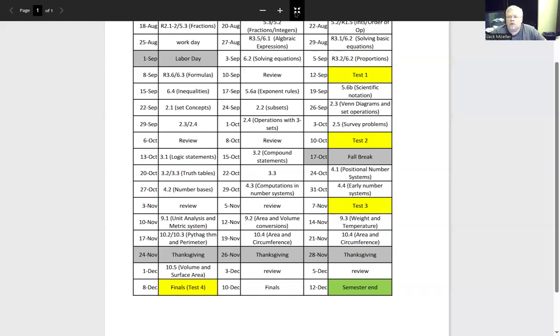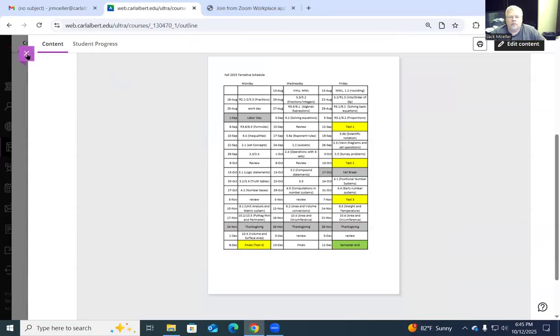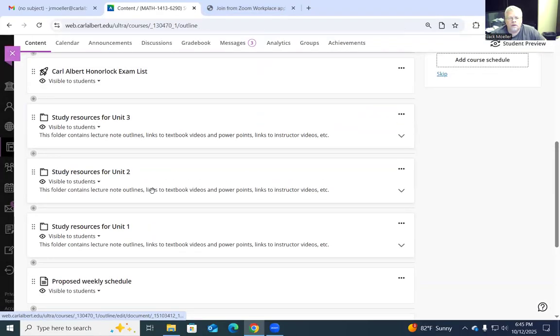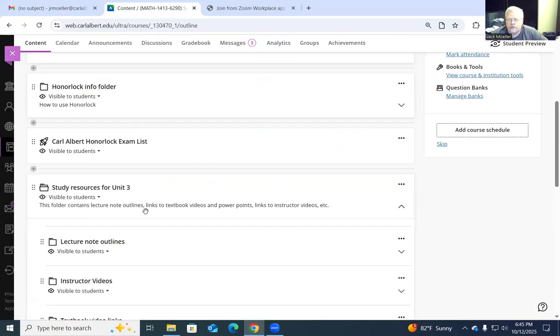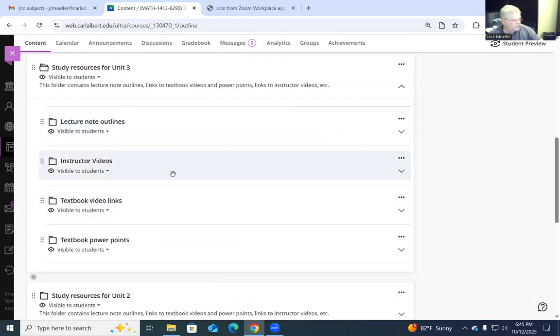A couple other things I want to point out in Blackboard. As you know, I've moved the resources for Unit 3 up, so you don't have to go as far. I've noticed only about half the students are watching my lecture videos, which is purely up to you. A lot of this information is out there in multiple forms.